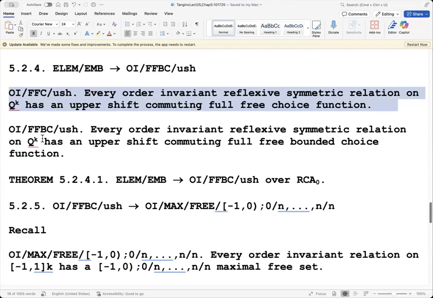See, that's dense. So you have to make a correspondence. There's a correspondence that you can make between the upper shift. This elementary embedding will give you a good upper shift that preserves a lot. And that's how the theorem 5241 is proved.